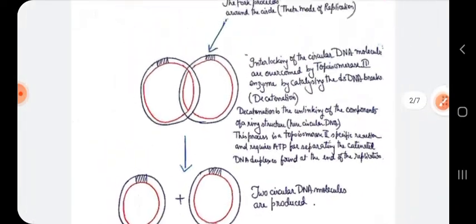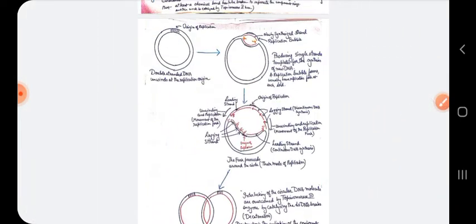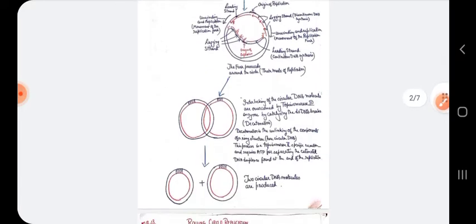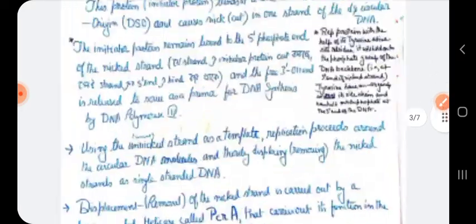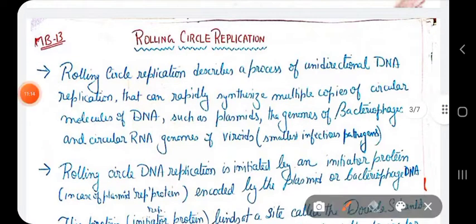So this main image refers to the theta mode of replication. Let us see the rolling circle mode of replication. What does it say? Rolling circle replication describes the process of unidirectional DNA replication.